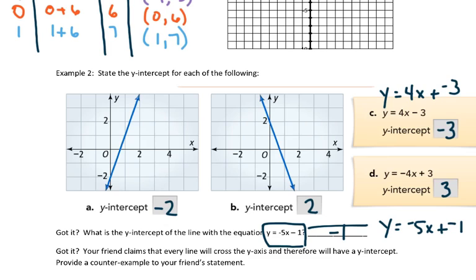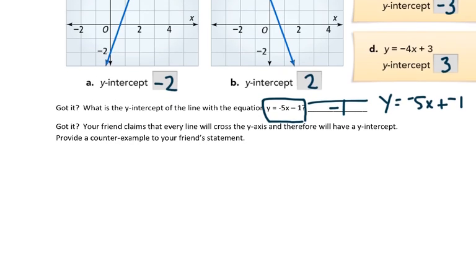All right, and then this last one, your friend claims that every line will cross the y-axis and therefore will have a y-intercept. And it asks us to provide a counterexample. A counterexample is an example that shows that this is not a true statement.